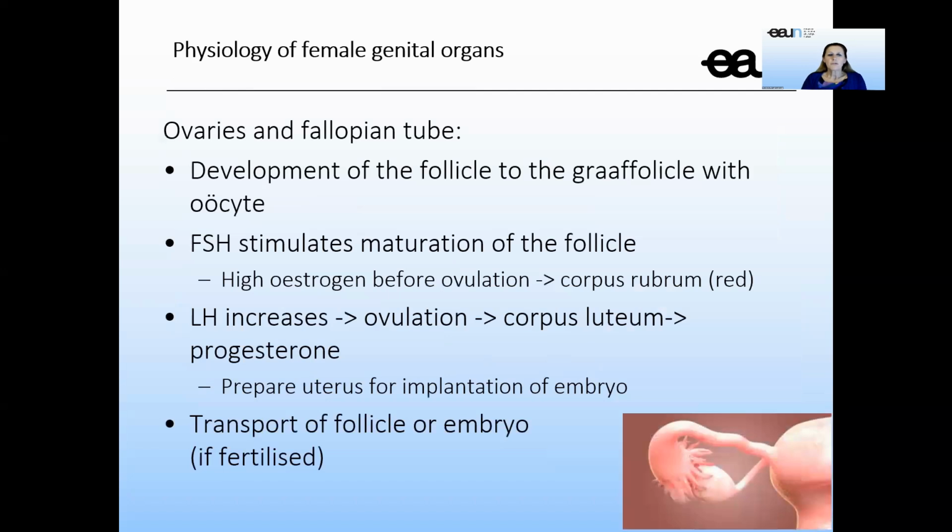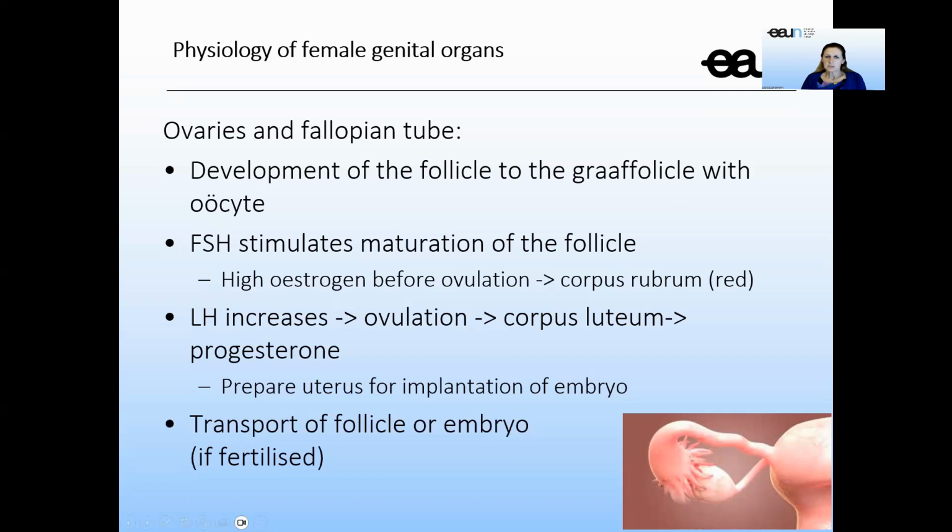When you go to the physiology of the female genital organs, then the ovary and the fallopian tube: in the ovary, the development of the follicle of the egg takes place once a month, because of stimulation by hormones like FSH, the follicle stimulating hormone, and the LH hormone, which takes care of maturing the follicle, the egg, and takes care of the ovulation, so letting the egg into the fallopian tube and transporting it to the uterus.